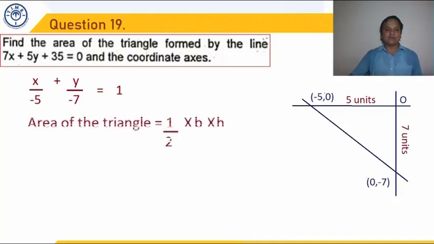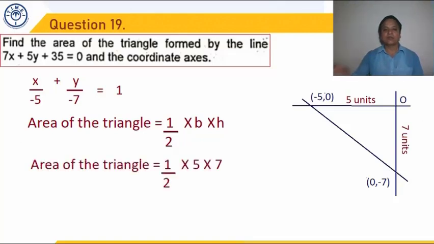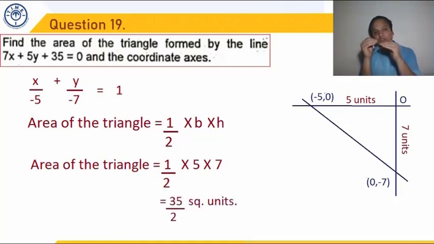So can we say area of the triangle is half base into height? If we take base as 5, height is 7. If we take base as 7, height is 5, because the angle between them is 90 degrees. So area comes out to be half into 5 into 7. 5 into 7 is 35, so 35 by 2.